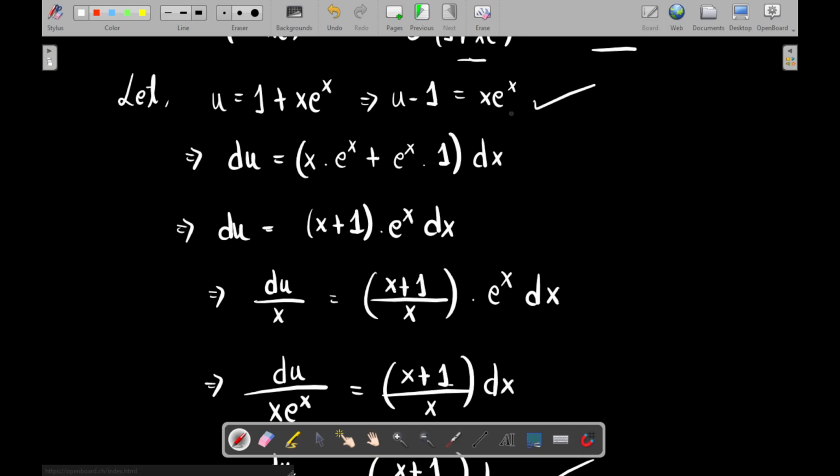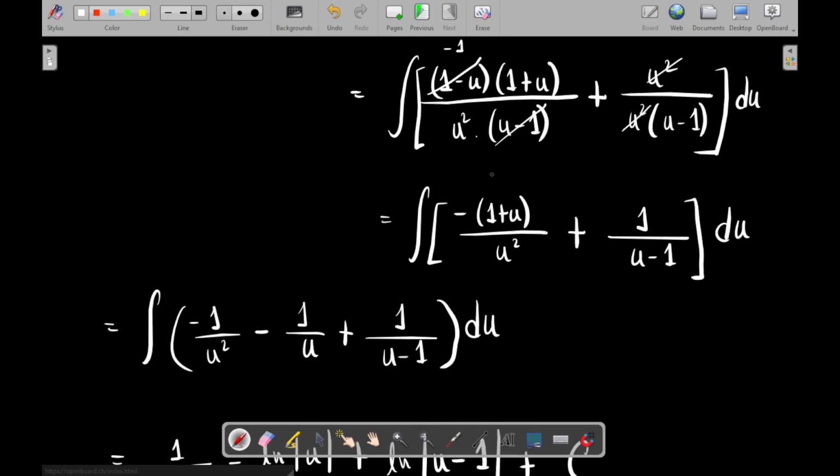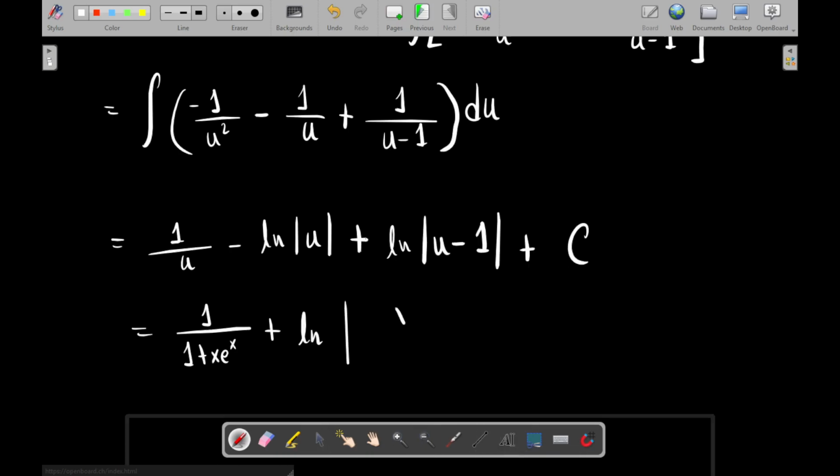Our u minus 1 was just x e to the power x, so this is x e to the power x divided by (1 plus x e to the power x), plus c. I believe this is the result of the integral.